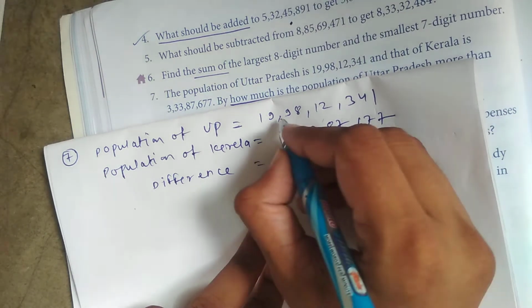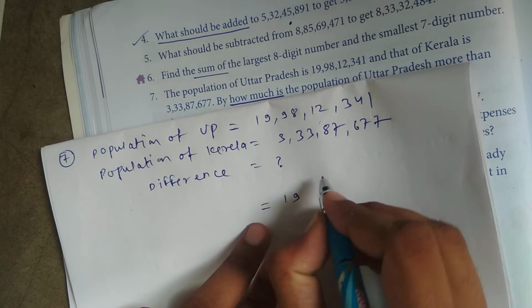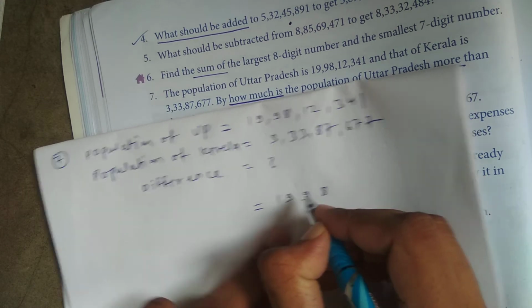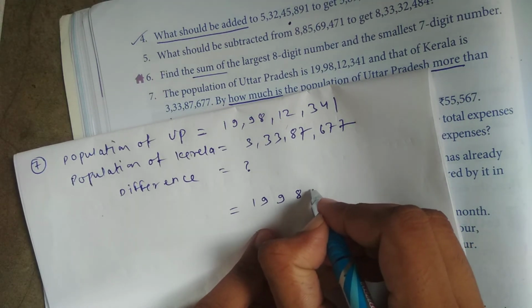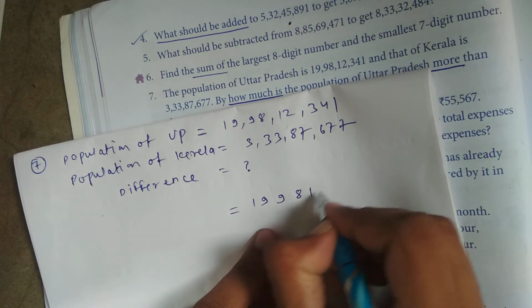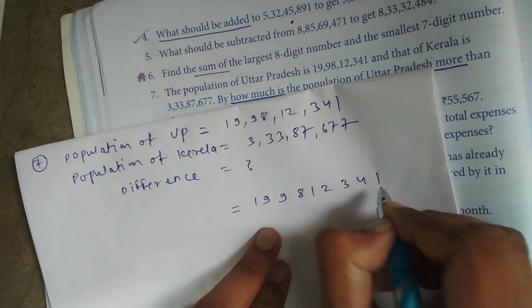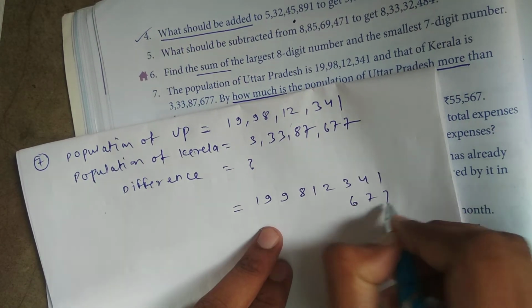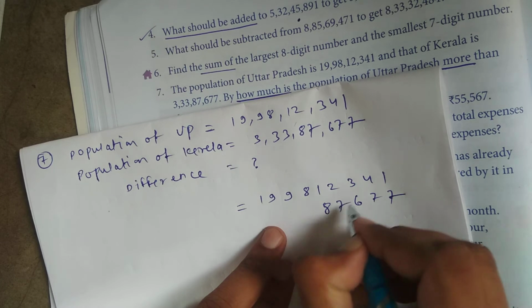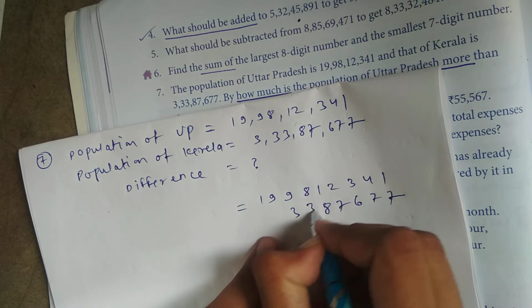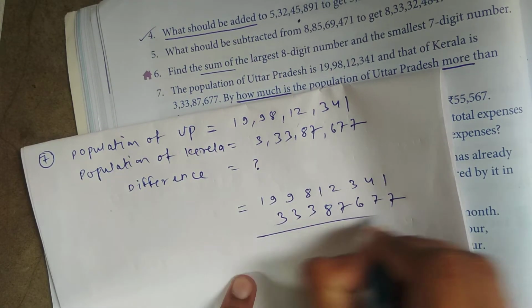So which is the greater number? This one: 91998, 12341, 677 87 333.